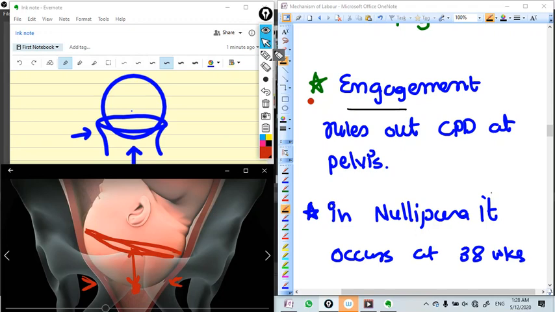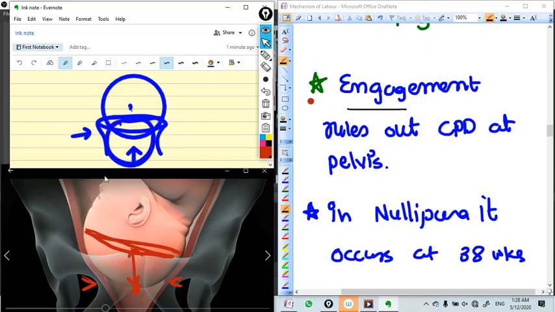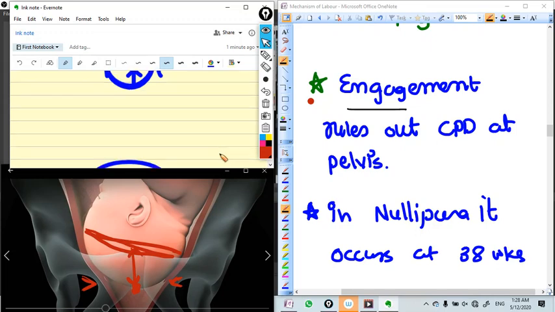The head has crossed the pelvic brim, pelvic inlet. You see here, this is the ball, and the ball has crossed here. So if engagement happened, there is no CPD at the level of inlet, but yes, there can be a CPD at the level of outlet, but at inlet it is not there.